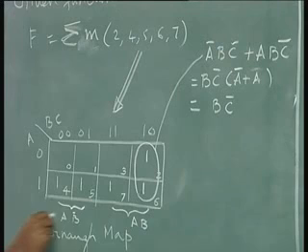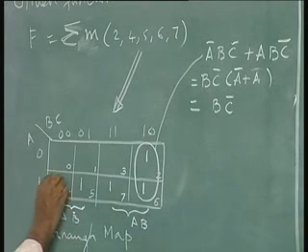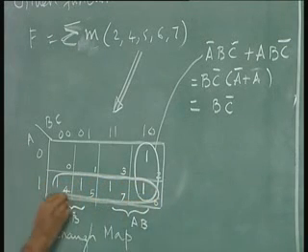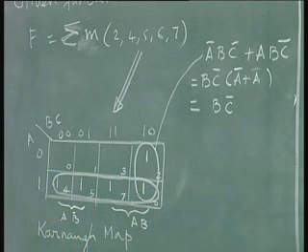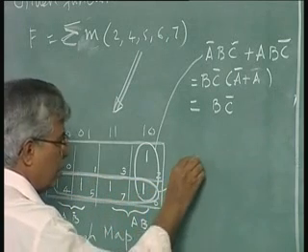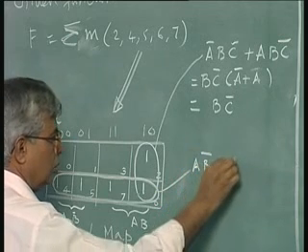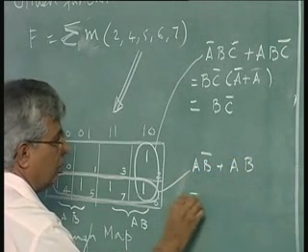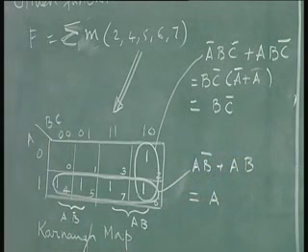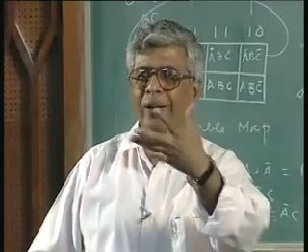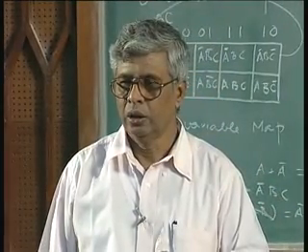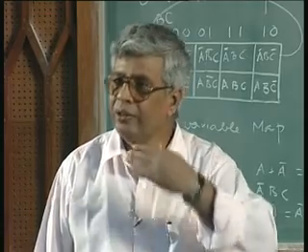So these two can be combined to one group in which it is AB bar or AB, which is equal to A. I don't have to do it step by step. I just showed you how it works, but you don't have to do it this way.